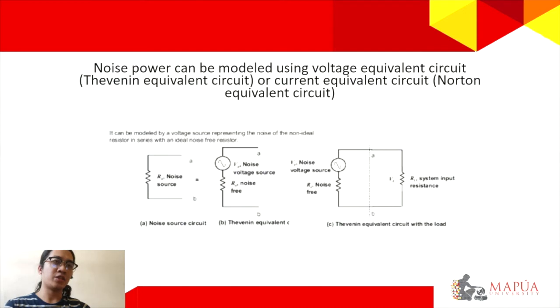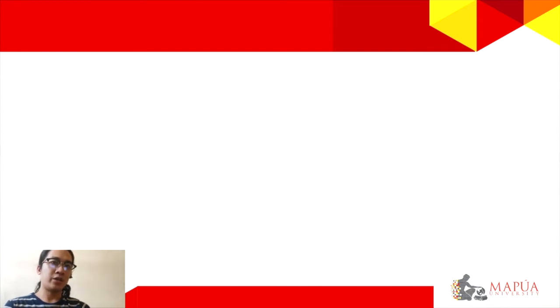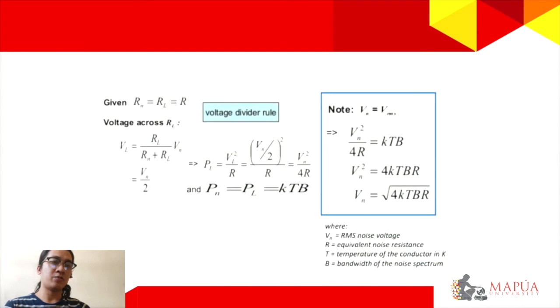This is the circuit representation of the noise power, and this is the formula derived given the resistance.